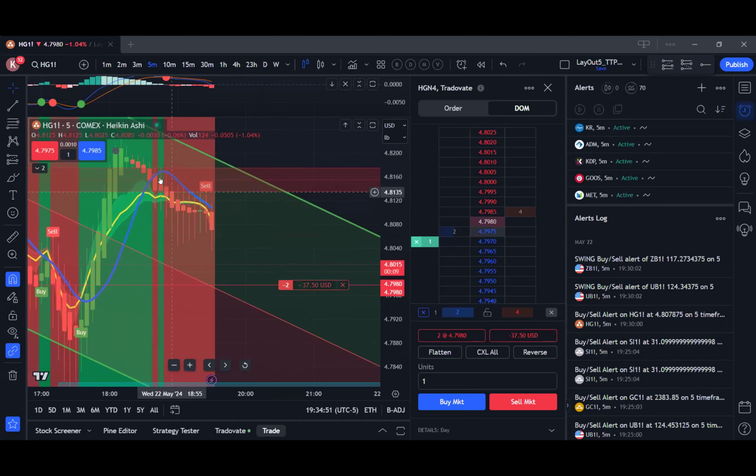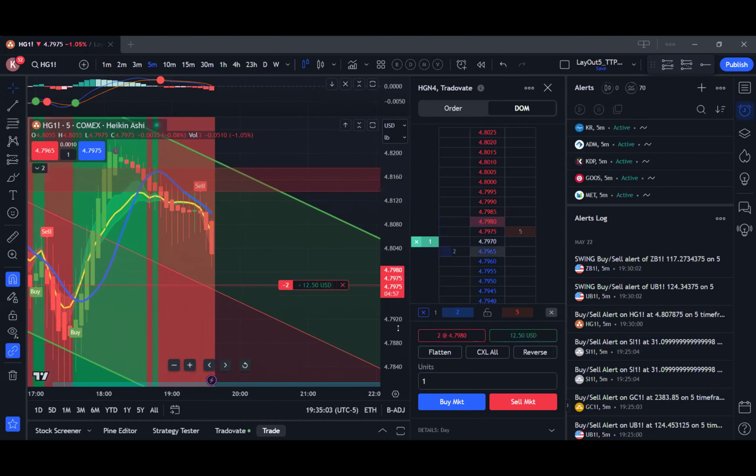So this also at the top of the channel, we touch the resistance. Ultimate is also in red. So it satisfied all our conditions.